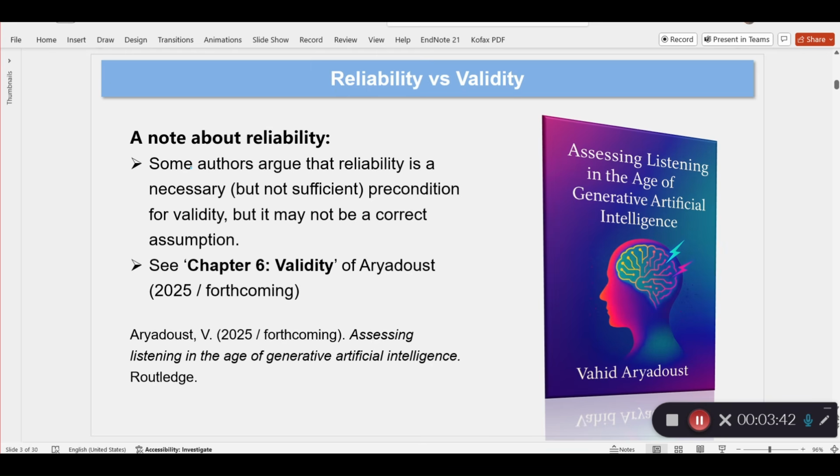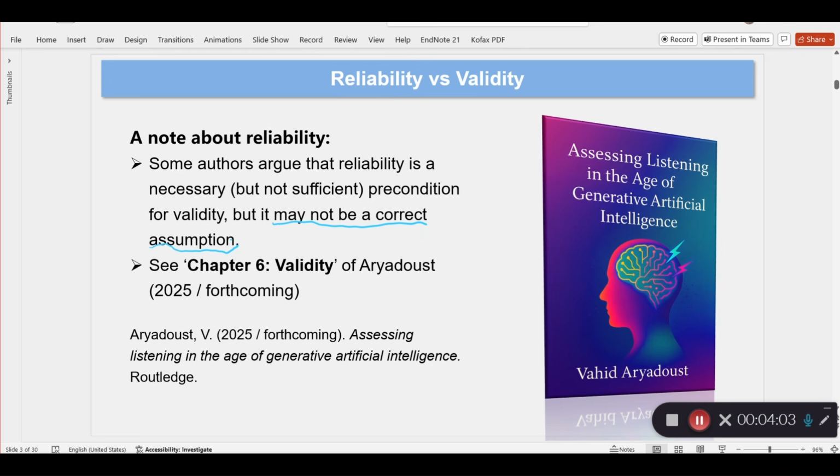Before doing that, I would want to stress again that although some authors have argued that reliability is a necessary or important but not sufficient precondition for validity, in my view, it may not be necessarily a correct assumption.